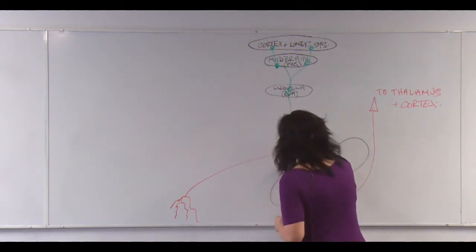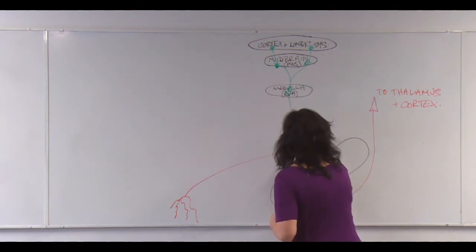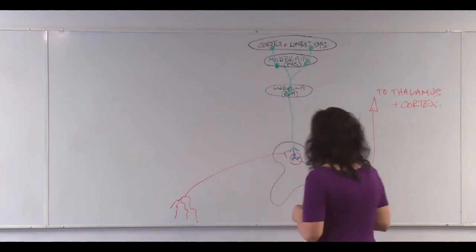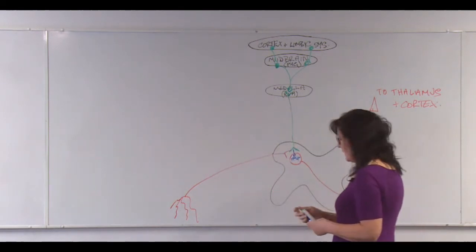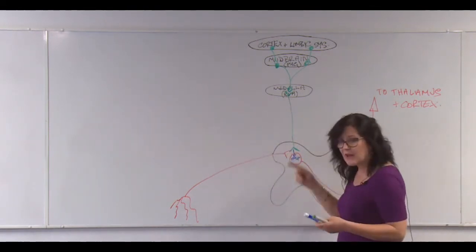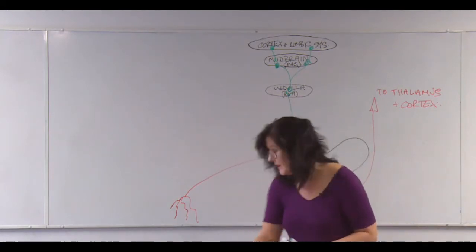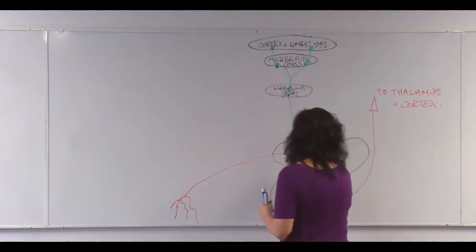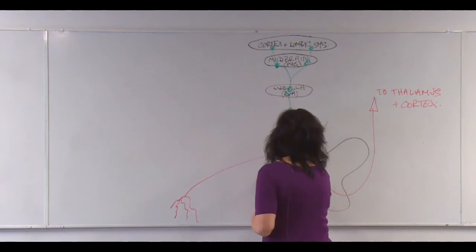So what we get is an IPSP. That's not very clear, is it? I said I should leave more space for this. IPSP. Yes? Of course, that's going to counteract any incoming EPSPs from our pain pathway. So here we've got EPSPs coming in.